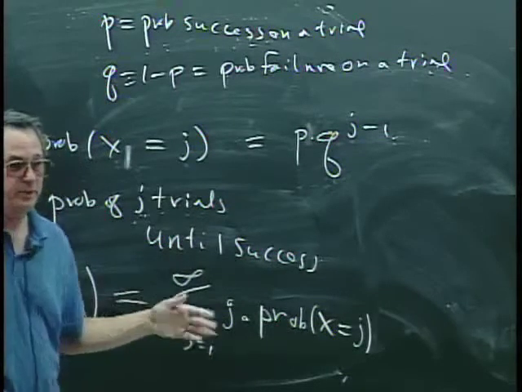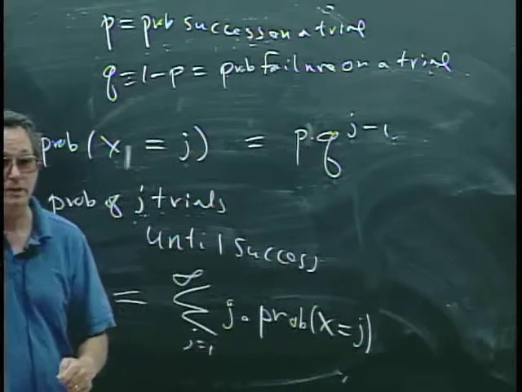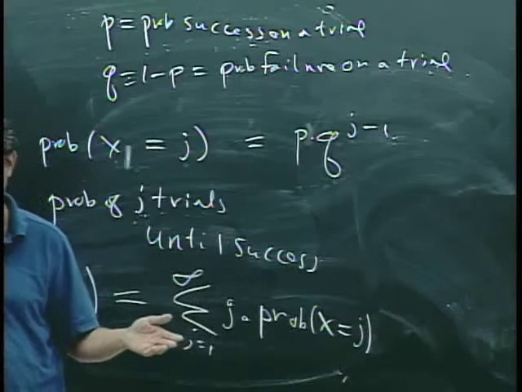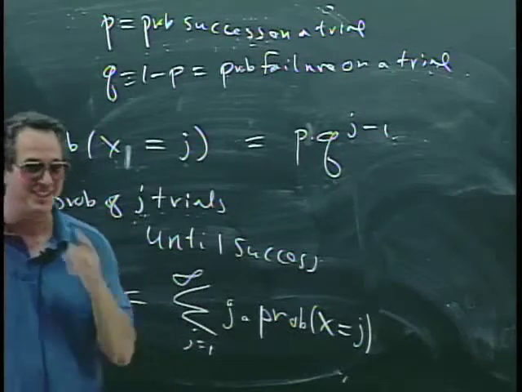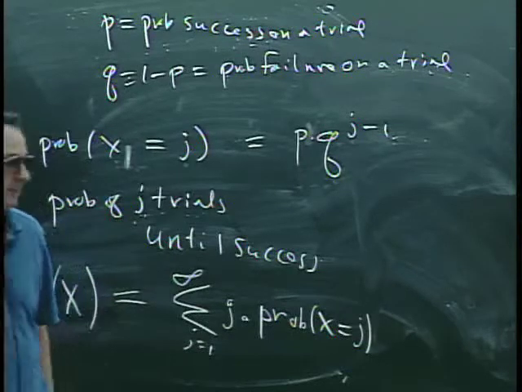We're going to go up to infinity because there's no absolute bound on what that might be. You could get very unlucky and keep flipping this coin, which has tails on both sides, and it's been a failure each time.